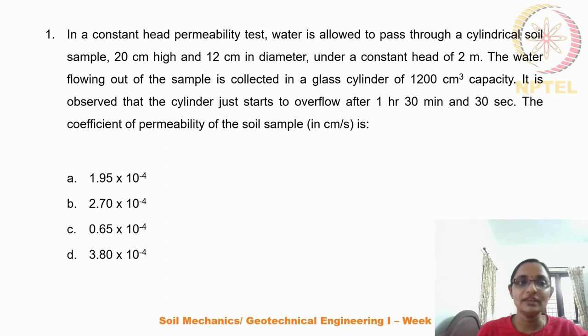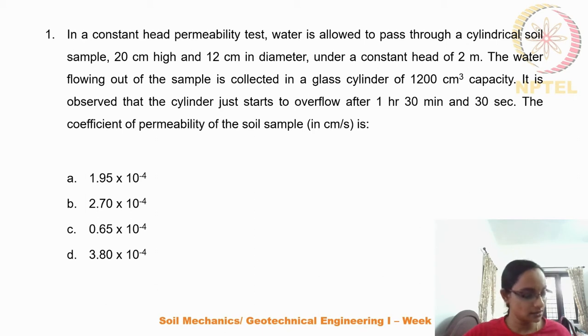The water flowing out of the sample is collected in 1200 centimeter cube, and it was found that the water overflows after 1 hour, 30 minutes, and 30 seconds. That is, at that particular time, it is becoming full. So, the whole 1200 centimeter cube of water is collected within that time. We are asked to determine the coefficient of permeability of the soil sample.